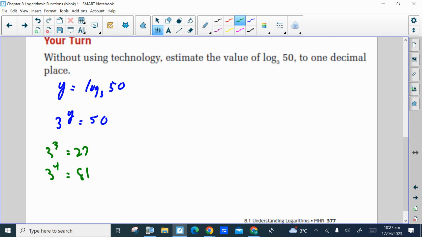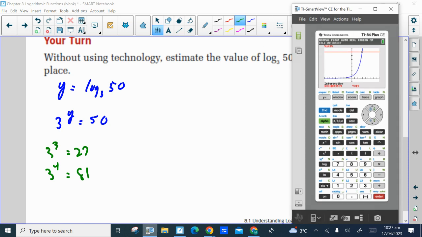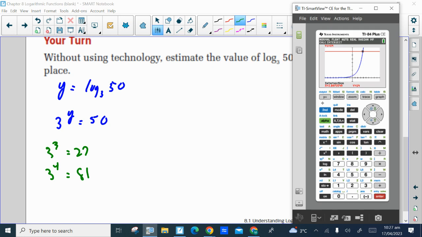It is a little bit closer to 81 than it is to, well, that's not true. It's not really closer to 81 than it is to 27, because if we take the difference between 50 and 27, that's a difference of 23.